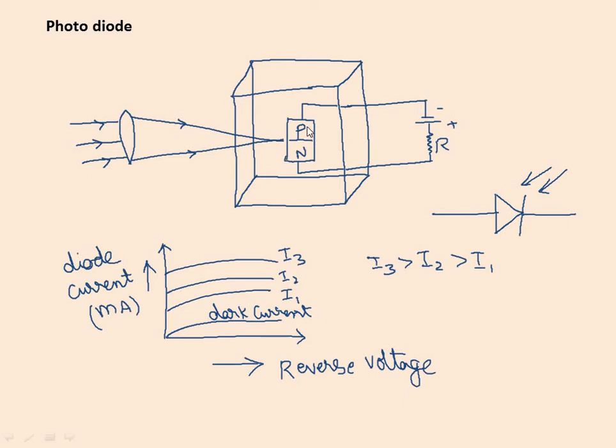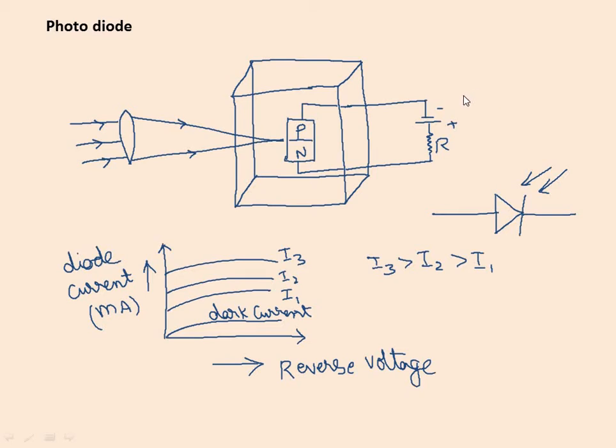Since it operates in reverse bias condition, the current will be very low, because only the minority carriers flow. But this light energy will create more electron hole pairs, and thus we can get more current. As they are connected in reverse bias, theoretically the current through the diode will be 0.